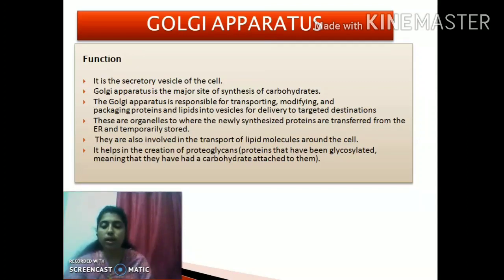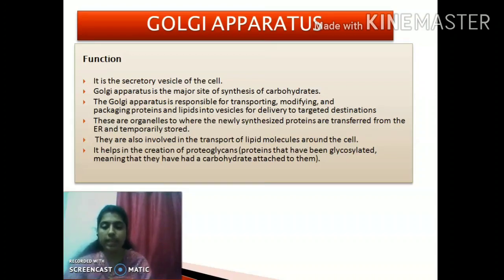So it is one of the most important functions of the Golgi. It is responsible for the packaging, modification, and ultimately the transporting of the proteins through the maturing phase or the trans phase of the Golgi.